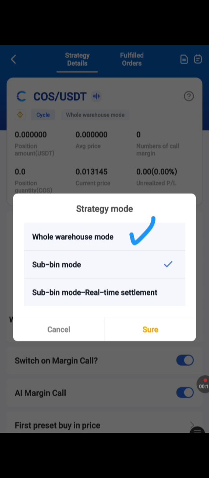What this means is that irrespective of how many times the robot is going to buy when the market price goes against you or when the market is dipping, when finally the time for recovery comes and the market begins playing in your favor, the robot is going to add up all the position amounts injected in the market. When I talk about position amount, I mean all the amount of USDT that has been subjected on a particular coin in the market.